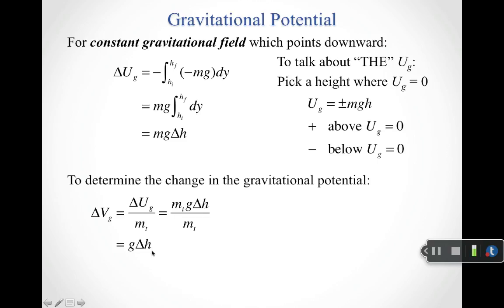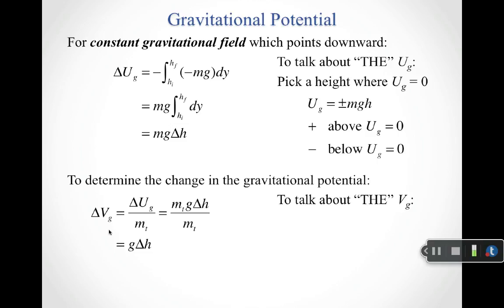So when I divide that out, what I get is g delta h. And in the same way, if you go up, delta h is positive, so your change in gravitational potential is positive. If you go down, delta h is negative because it's final minus initial in heights, the initial height was larger than the final height, so your change in gravitational potential is negative.